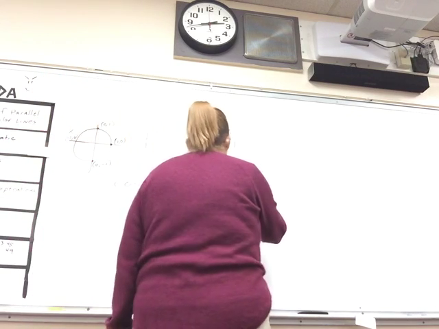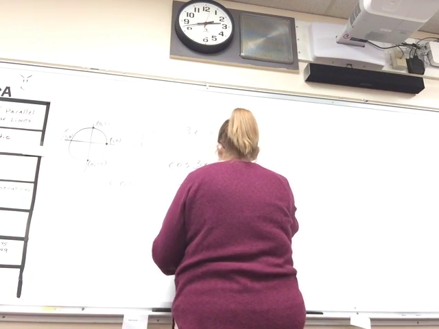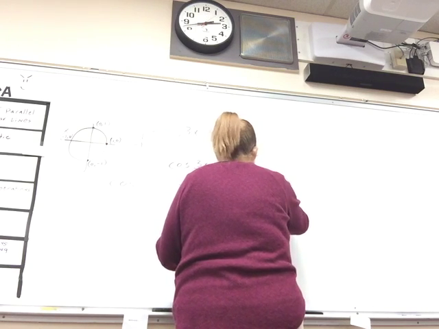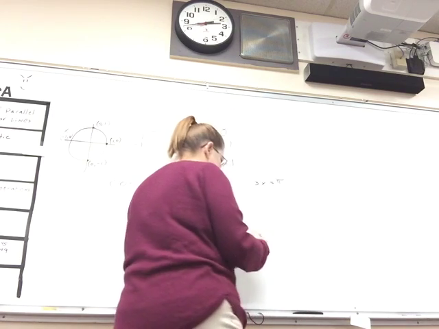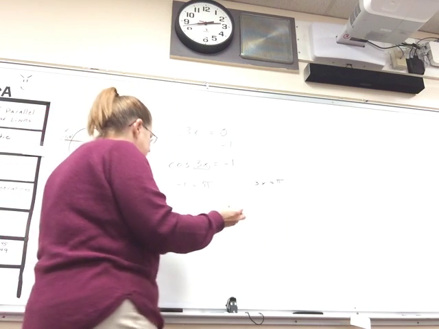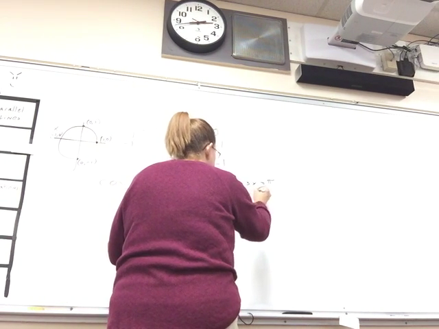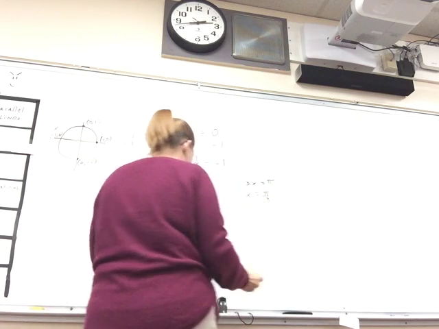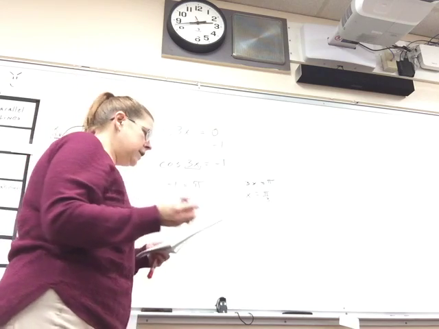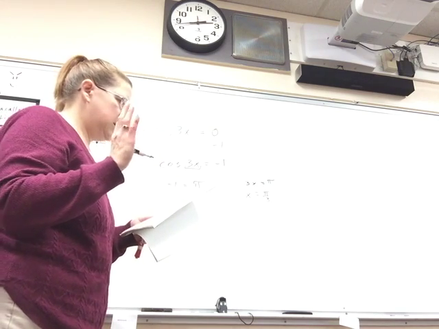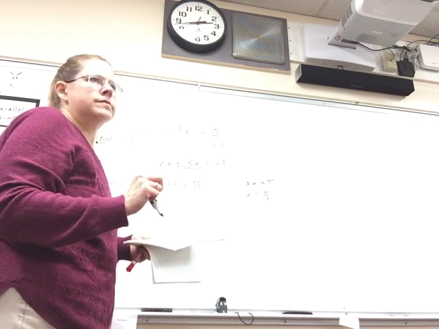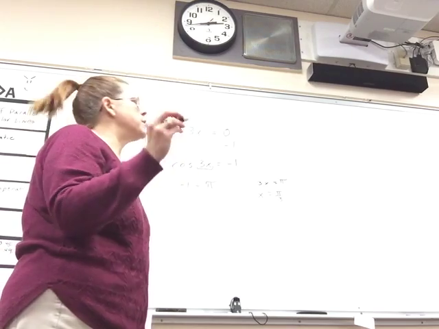Okay, but now we're looking specifically at the fact that 3x has to equal pi. And if I divide here by 3, x is going to equal pi over 3. Now, cosine has a period of what? What's the period for cosine?